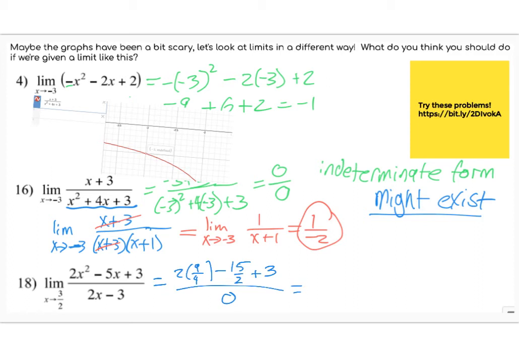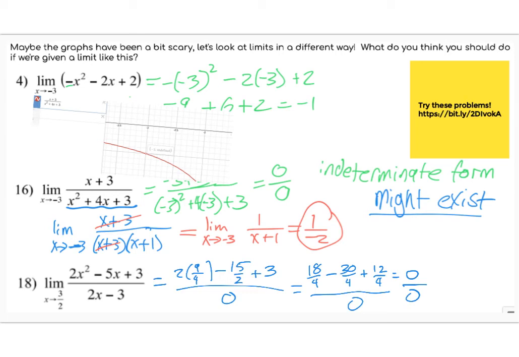So let's see what happens here. 2 times 9 fourths is going to be 18 fourths, minus 30 fourths, and finding common denominators, plus 12 fourths does indeed equal 0. So this also would give us 0 over 0, which might exist.